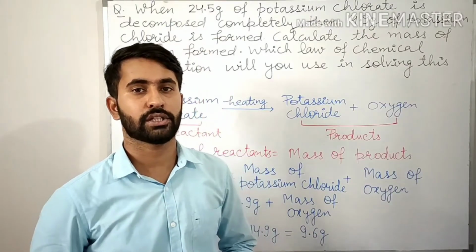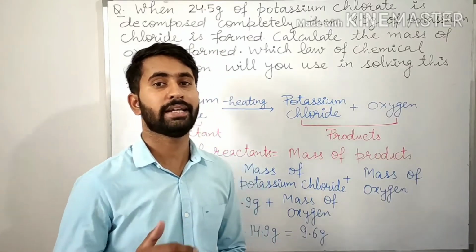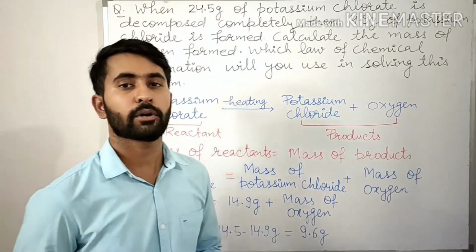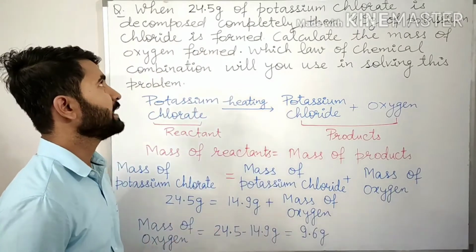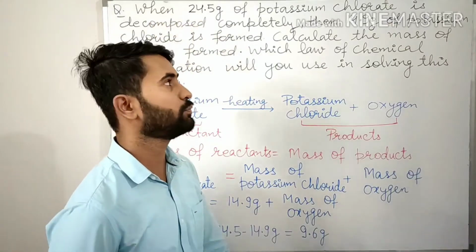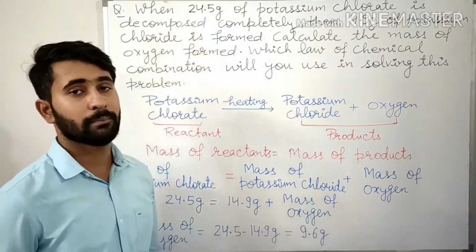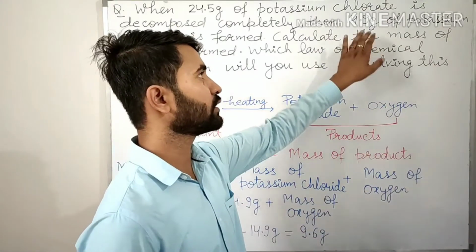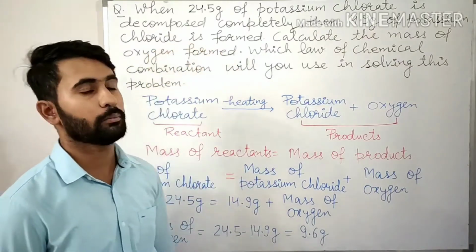Now the next question is, potassium chlorate decomposes on heating to form potassium chloride and oxygen. In an experiment, when 24.5 grams of potassium chlorate is decomposed completely, then 14.9 grams of potassium chloride is formed.